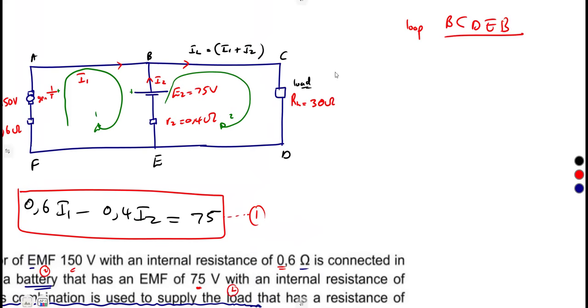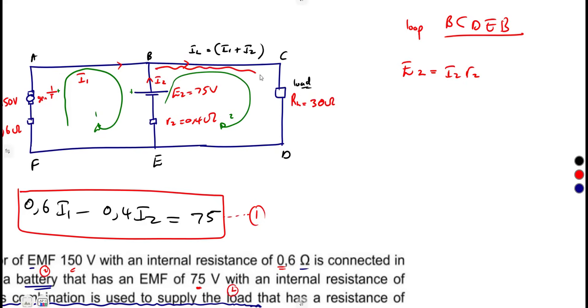There is only one EMF in this loop, which is E2. So the sum of EMFs is E2, which is equal to the sum of the voltage drops. From E to B, going this way in this branch, we are moving in the same direction as the current. So that's a positive I2 times R2.